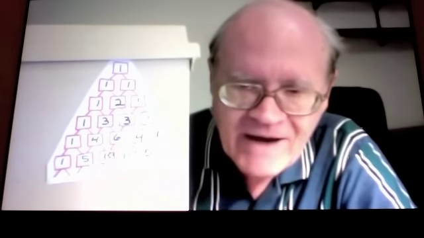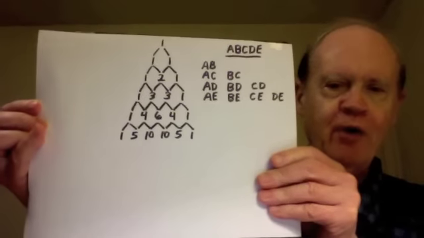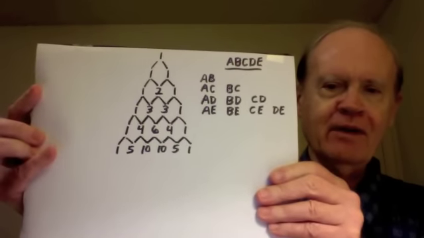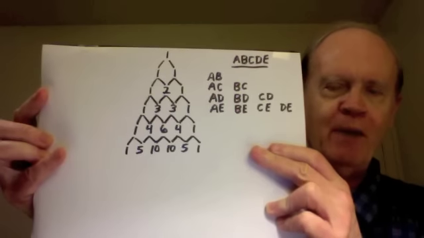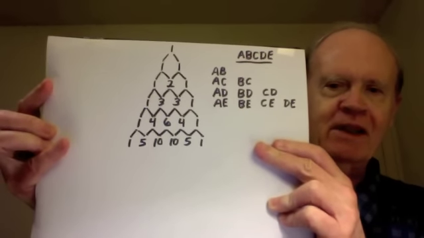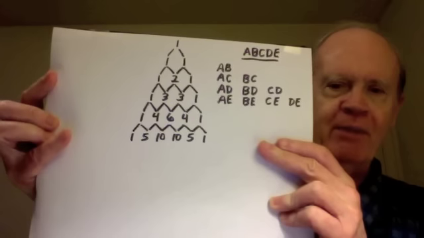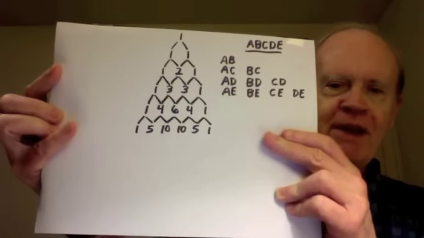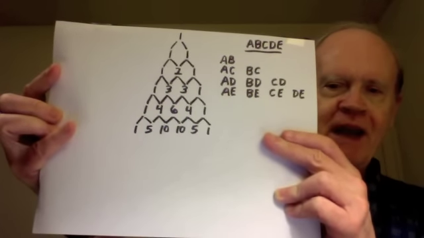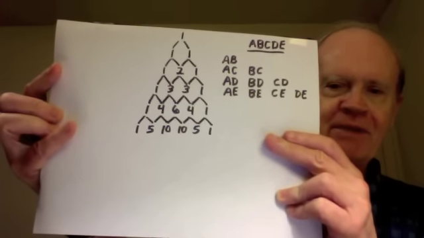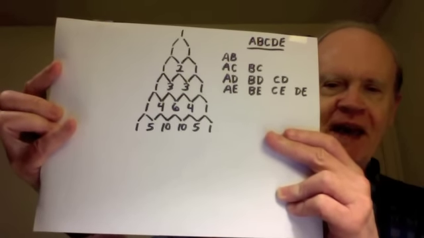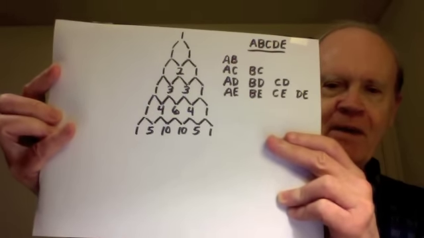Here's my solution. Here is Pascal's triangle down through row 5, and to the right of it I have something referring to the warm-up. You have a club of 5 members, I call them A, B, C, D, and E, and they want to form a committee of 2 of their members. In how many different ways can they do it? We can list all the ways. AB, AC, AD, AE.